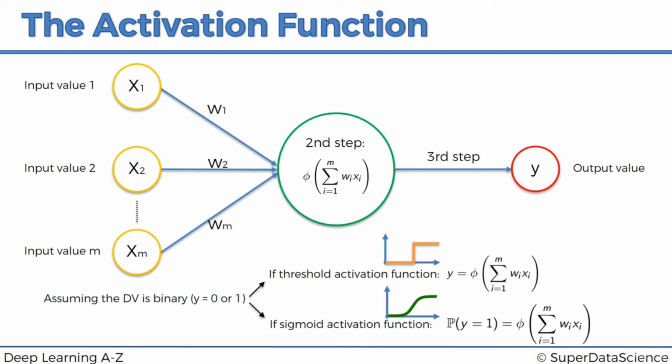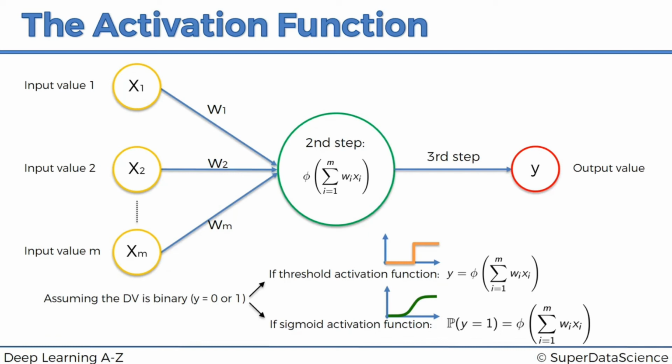So basically, the closer you get to the top, the more likely it is that this is indeed a 1 or a yes rather than a no. And that's very similar to the logistic regression approach. Those are just two examples of what you can do if you have a binary variable.